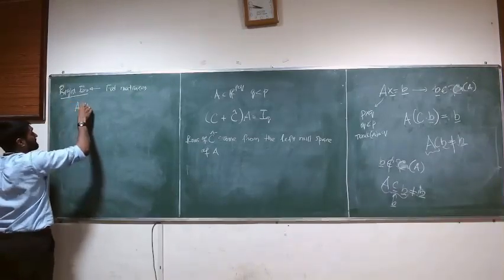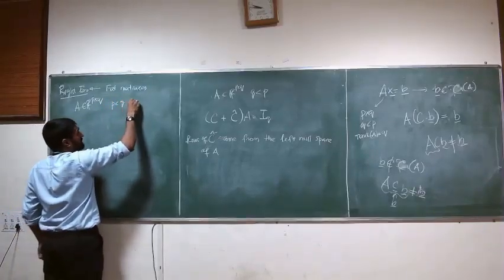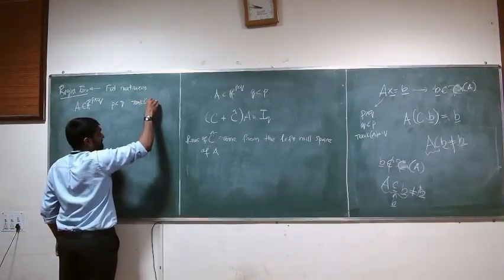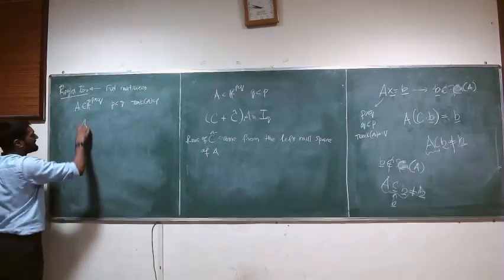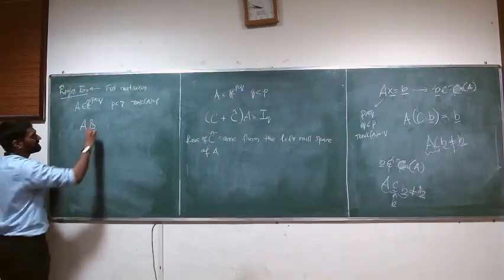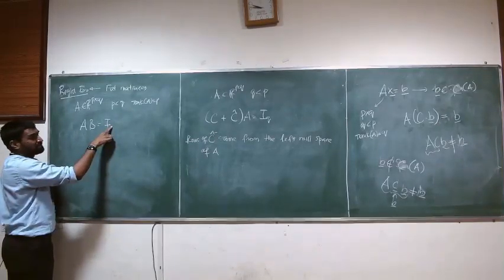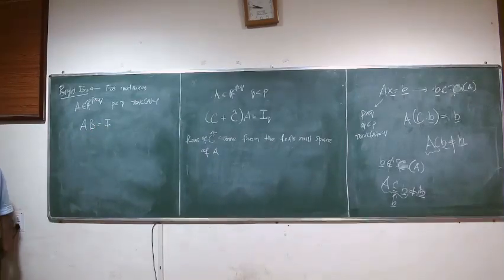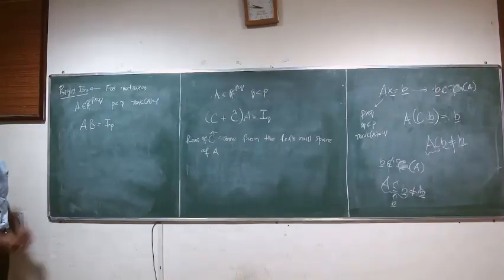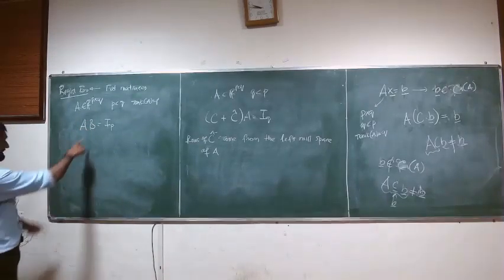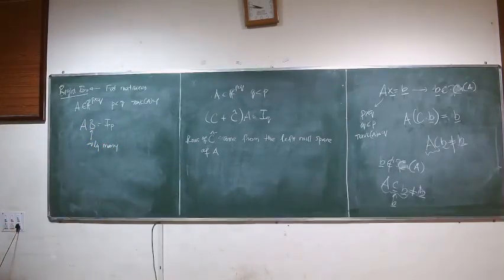If A is P cross Q, P is less than Q, and the rank of A is P, again we are only talking about matrices that are full rank, then there exists a matrix B that gives me I_P. The same set of arguments apply now. There are infinitely many right inverses.